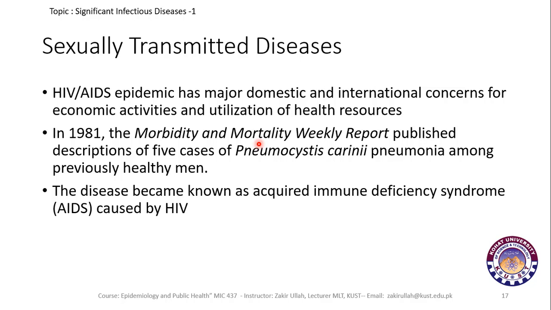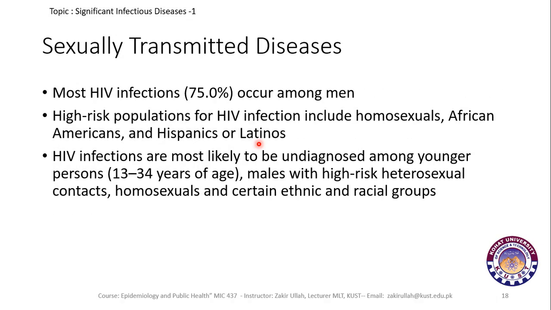The disease became known as acquired immunodeficiency syndrome, AIDS, which is caused by the human immunodeficiency virus. This virus usually occurs within men, and 75% of the cases are infected men.